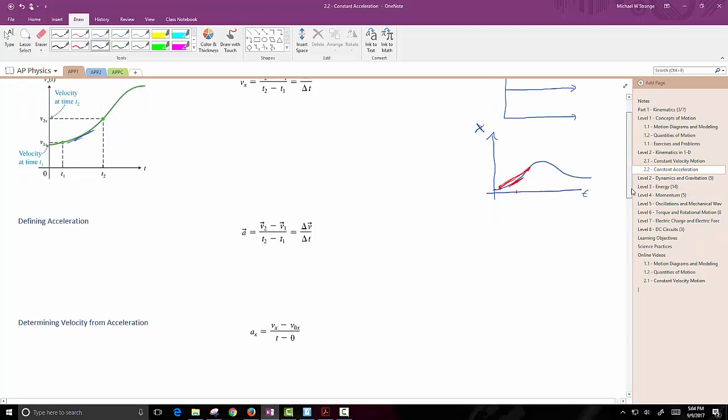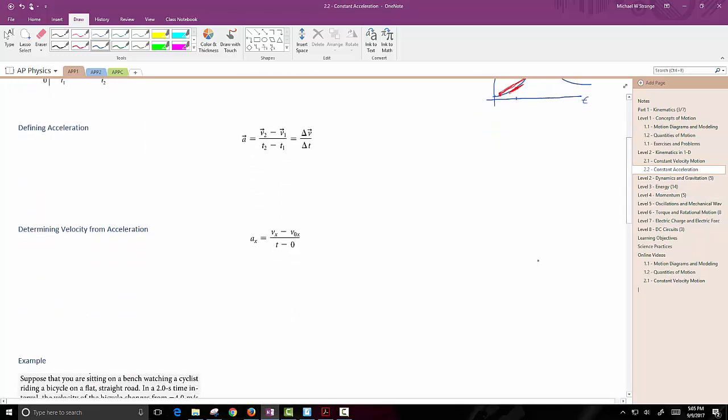Now if I knew the acceleration, how could I determine the velocity? We start with the definition that the acceleration is the change in velocity over time. If I let my initial time be 0, then the acceleration is just my final velocity minus my initial velocity divided by time, and I can rearrange it to solve for my final velocity.